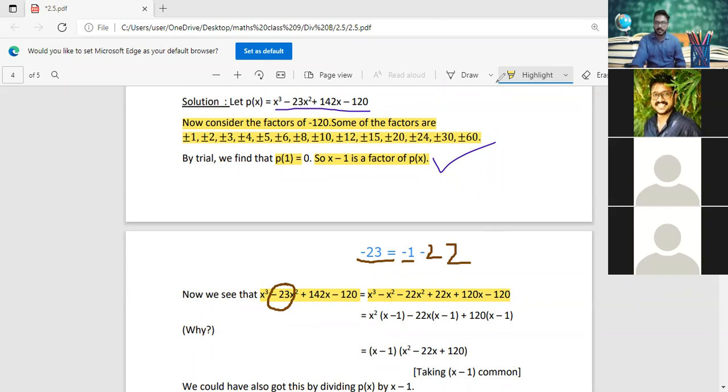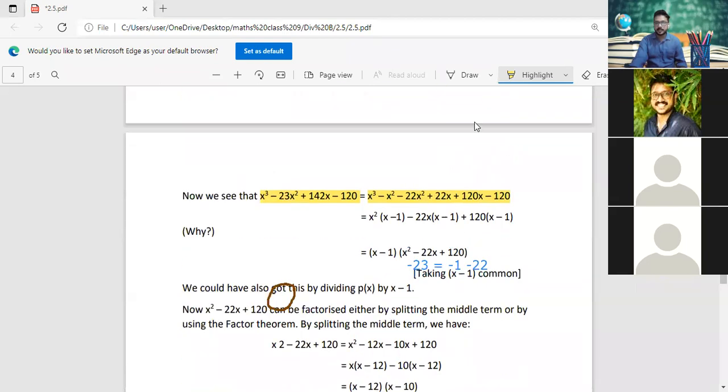That's why we are splitting minus 23 as minus 1 minus 22. Clear? Like this: minus 23 equals minus 1 minus 22. Is this clear to you? Yes, sir.